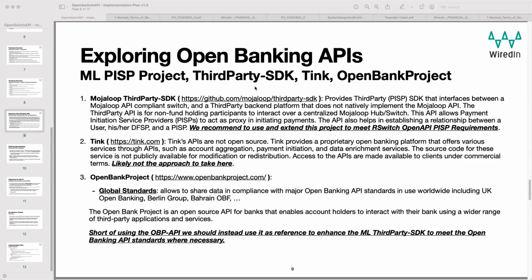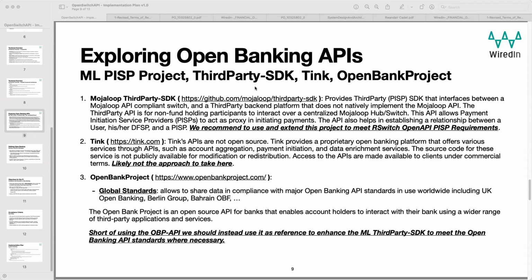There is also some work, though I don't know whether we have an active work stream on this, but there is definitely some work that has been done on the third-party SDK component. And then Tink and Open Bank project are outside of the Mojaloop right now.